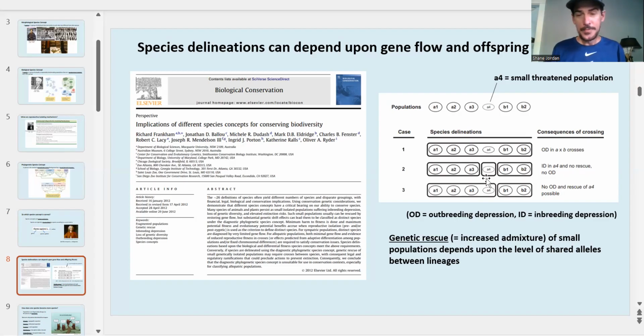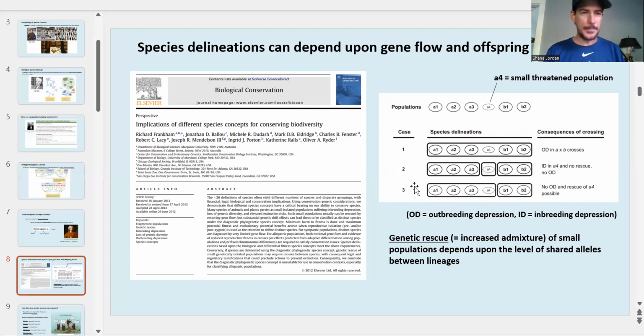And so while we might think it's a good idea to call it a separate species, it's really suffering from losses in genetic diversity by the fact that it's not considered an adequate group to be interbreeding with these other two groups. And so this kind of poses a difficult situation for the conservation of population A4.